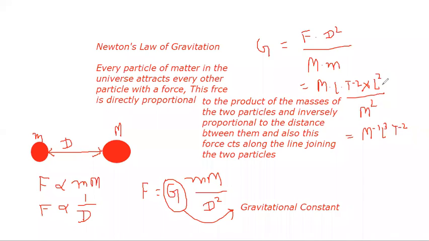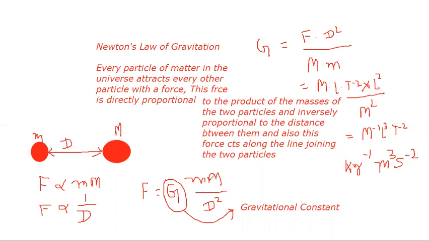So M to the power minus 1 L cube T to the power minus 2. So the unit is per kilogram meter cube per second square, kg to the power minus 1 meter cube second to the power minus 2. This is the unit and this is the dimension.